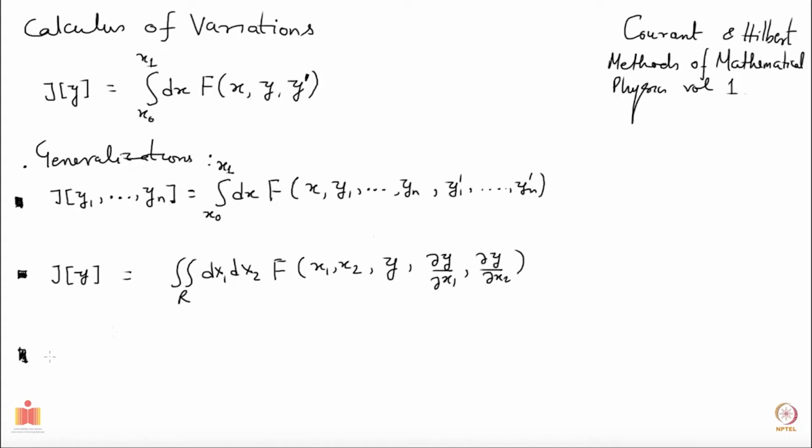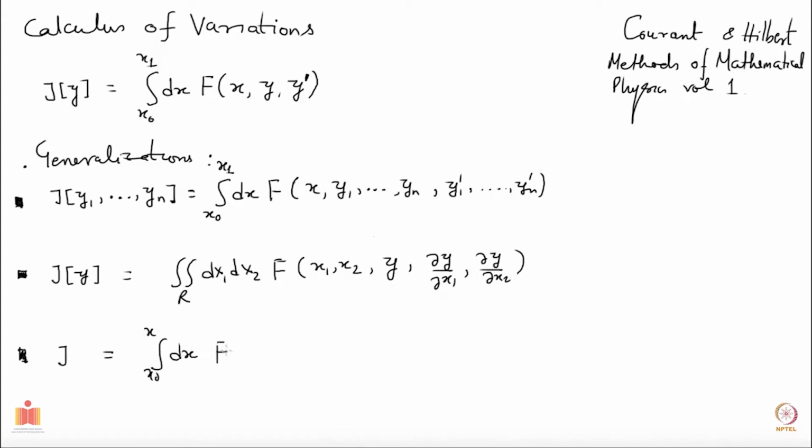Instead of having only the first order derivatives and the function here, you may have higher order derivatives also present. Let's say I'm looking at only one variable right now, from x0 to x.